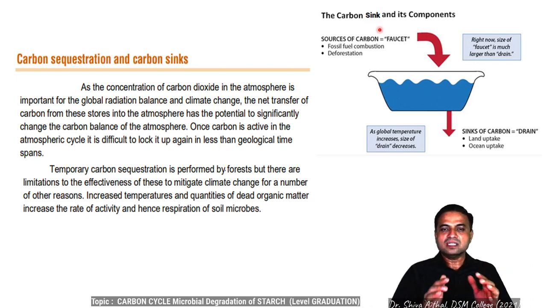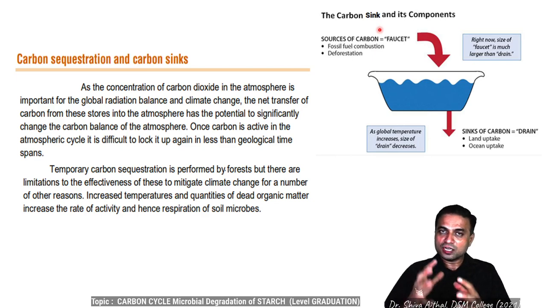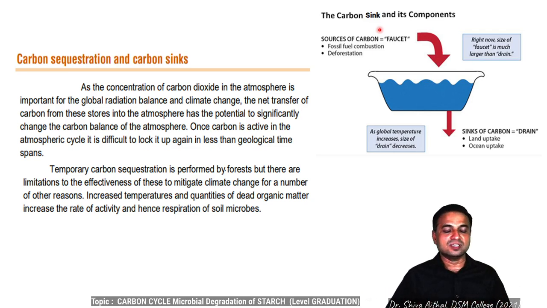Once carbon is active in the atmospheric cycle, it is difficult to lock. Locking up can be done only by growing a plant or creating biomass, like algae. Algae grow, plants grow, the human population increases, and that traps the carbon.